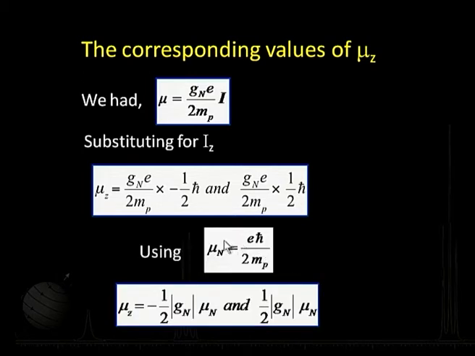If I substitute e ħ by 2m_p as my mu_N, I get a very simple expression. This is my z component which is going to matter to me. So I want an expression for the z component of magnetic moment, and that comes out to be minus 1/2 g_N mu_N and plus 1/2 g_N mu_N. So that is what I want you to bring home. There are two components there, the z component part of it.